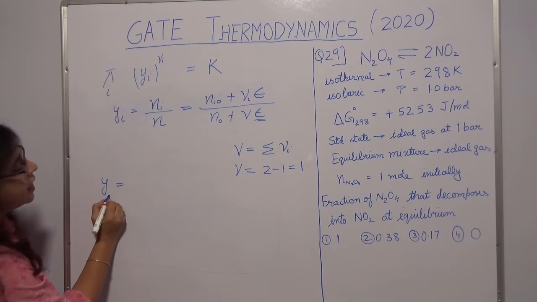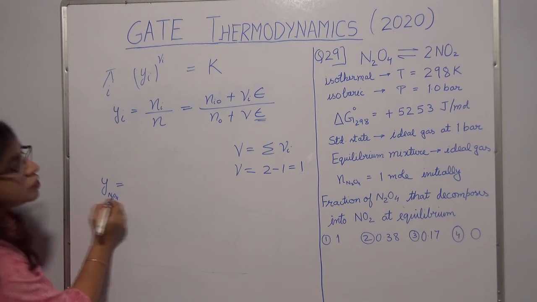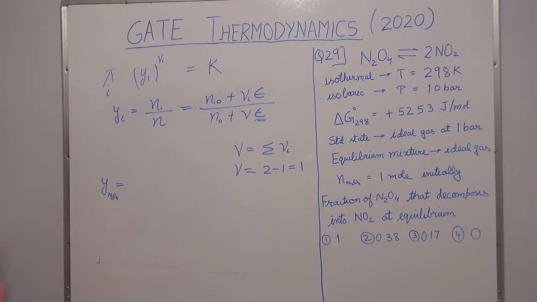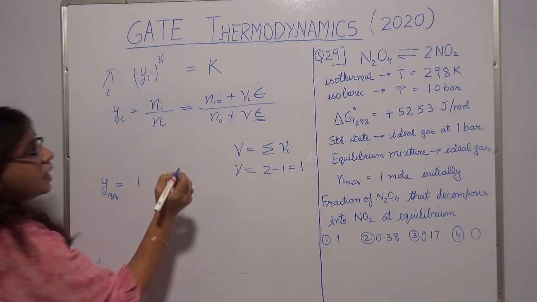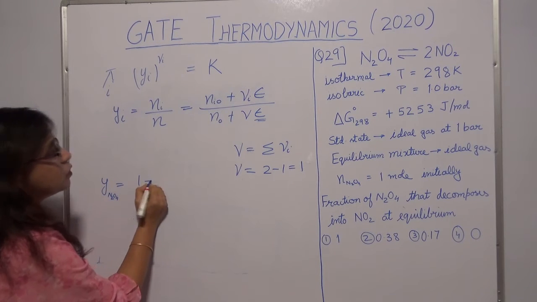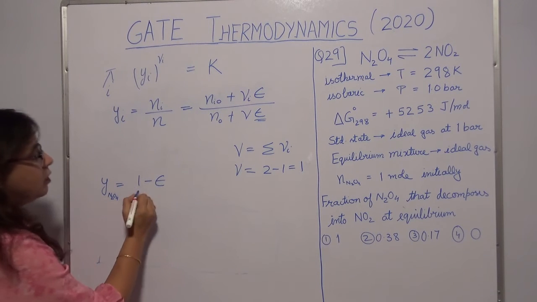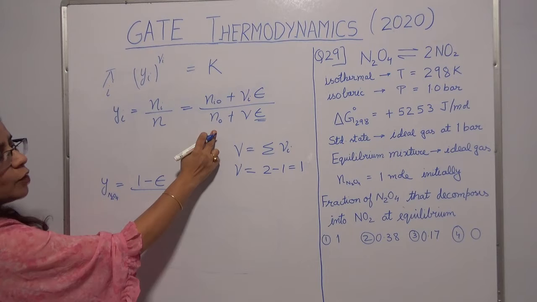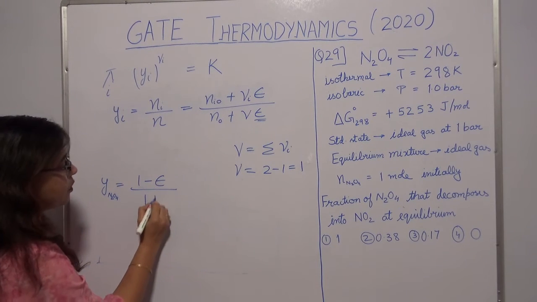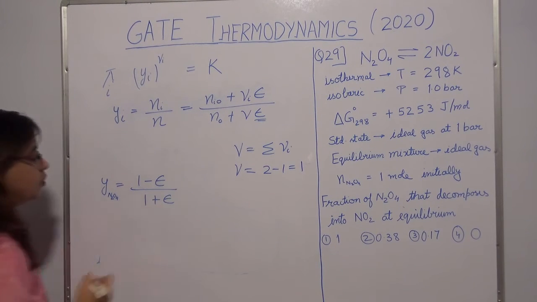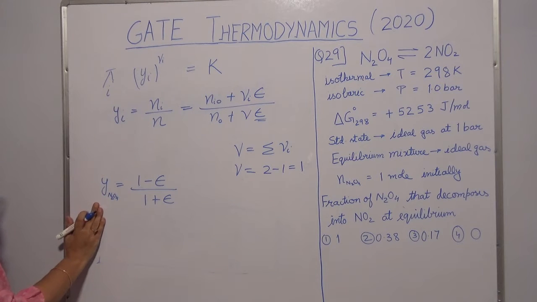So let's say N2O4 first. So how many moles of N2O4 am I charging? That is 1 mole. So Ni naught is equal to 1. And what is nu I for that? Minus 1 into epsilon divided by, initially how many moles are there? 1. What is nu? Again 1 multiplied by epsilon. So this is my mole fraction of N2O4.